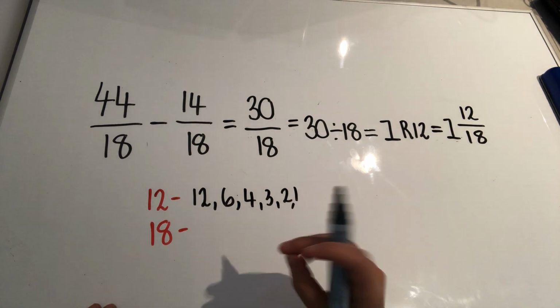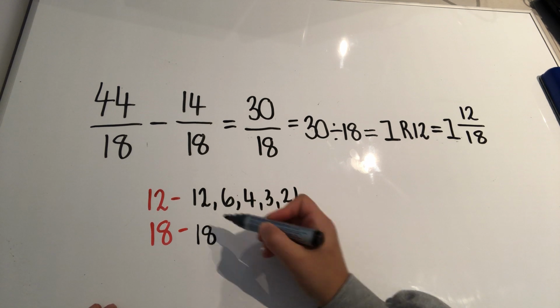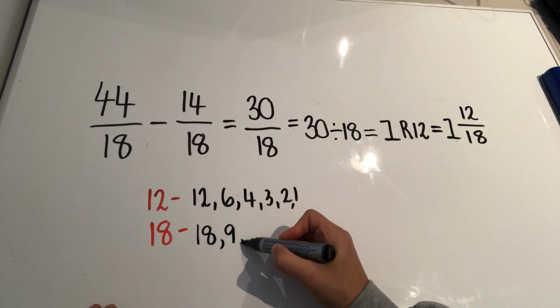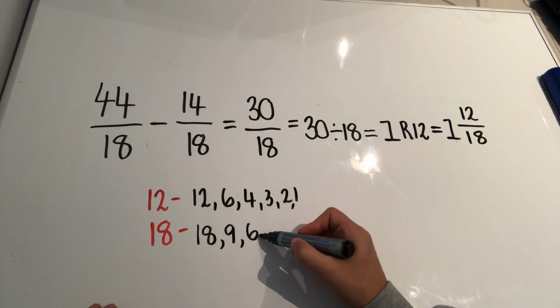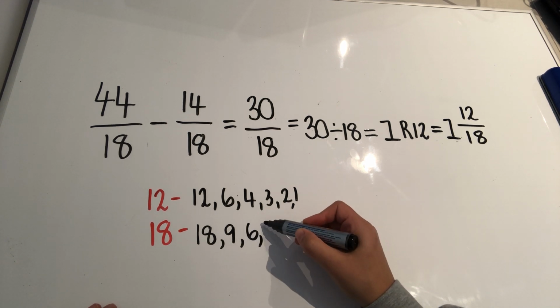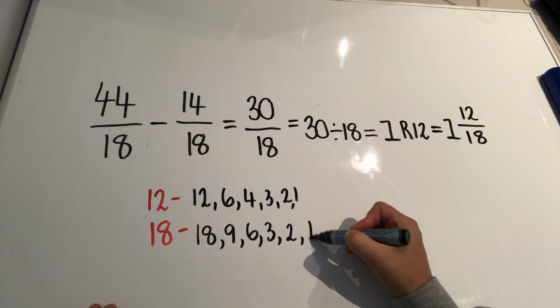And the factors for 18, so what numbers go equally into 18? 18, 9, 6, 3, 2, and 1.